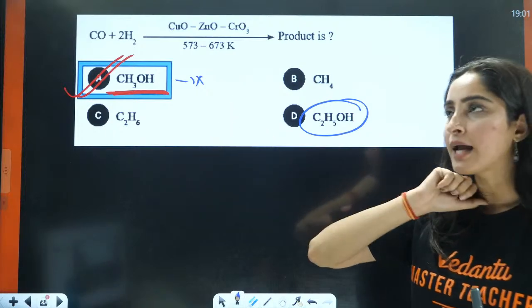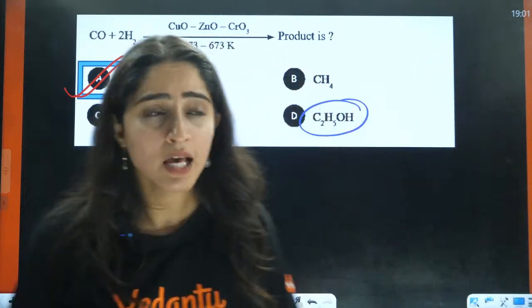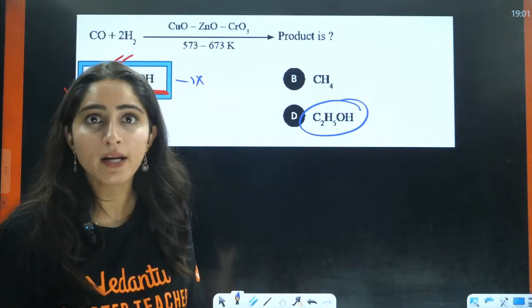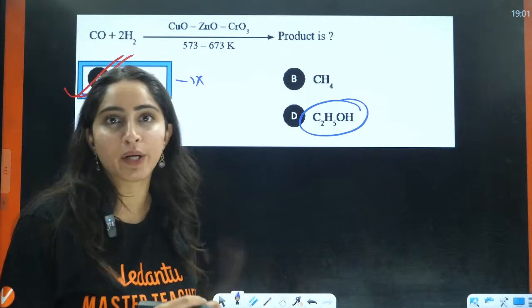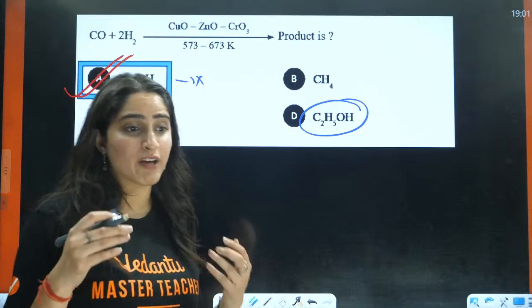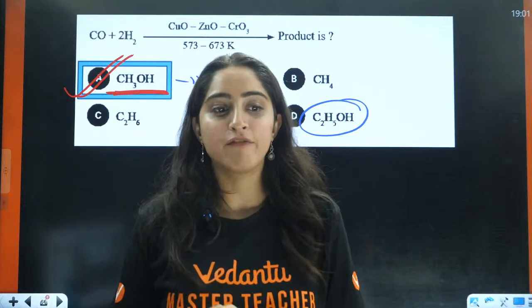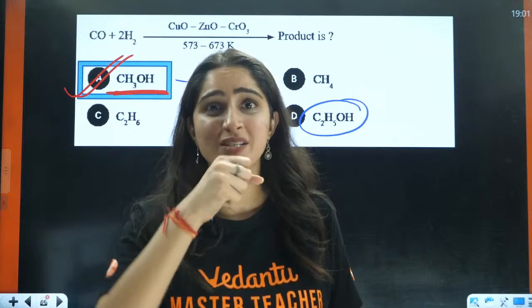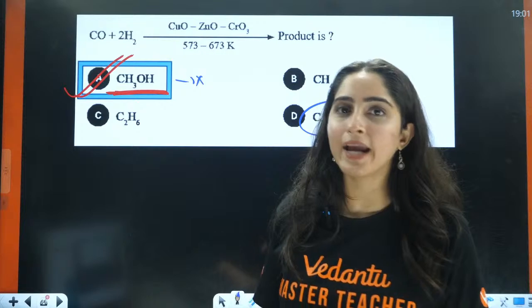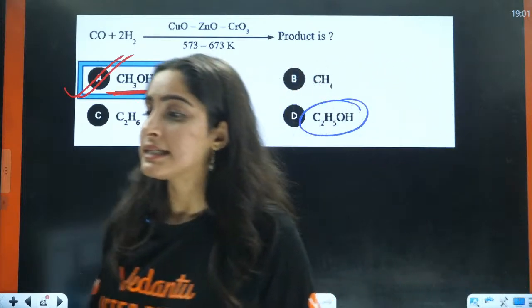And sometimes in industries, if you want to use ethanol but don't want anyone to drink it, they will add copper sulfate and pyridine into it, so that a very foul smell is produced. For example, if you are drinking something which has a very bad smell, will you drink it? No, right? So that is why these kinds of things are added. That is called denaturation of alcohol, right? Okay.